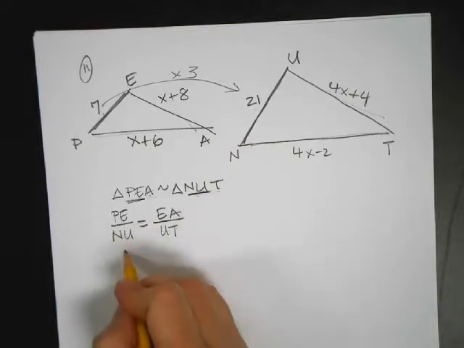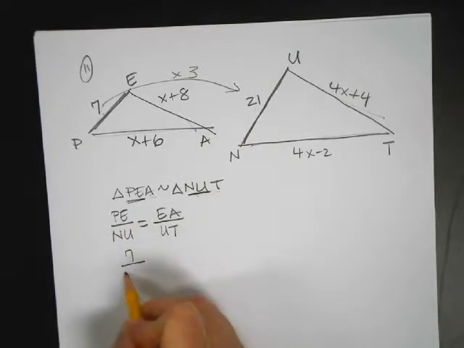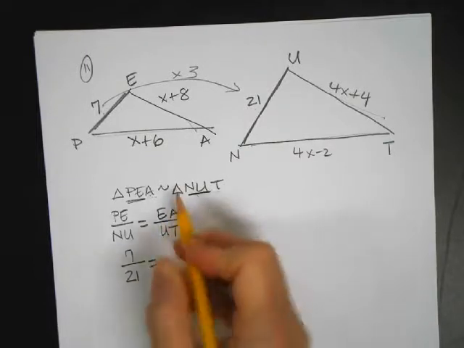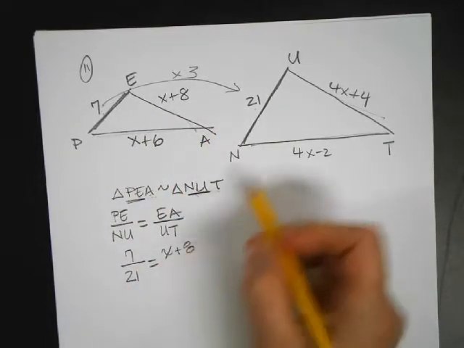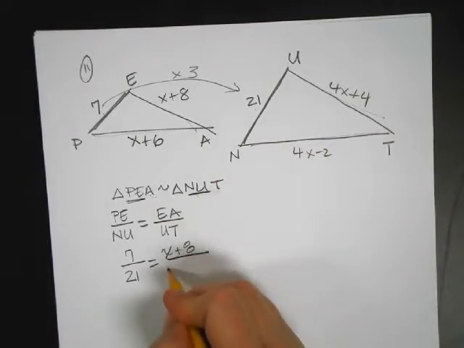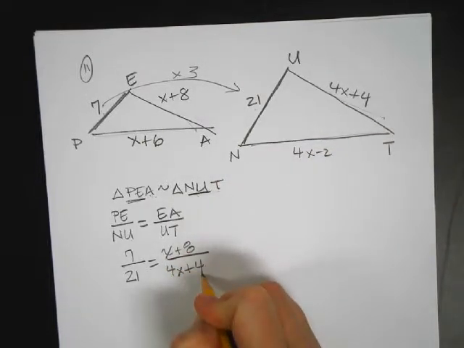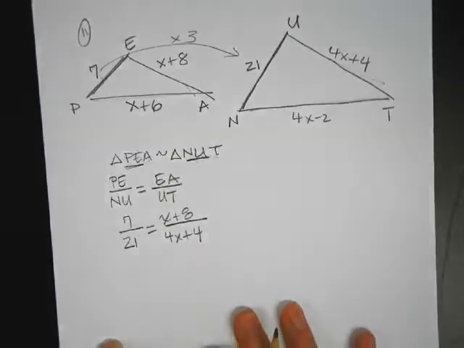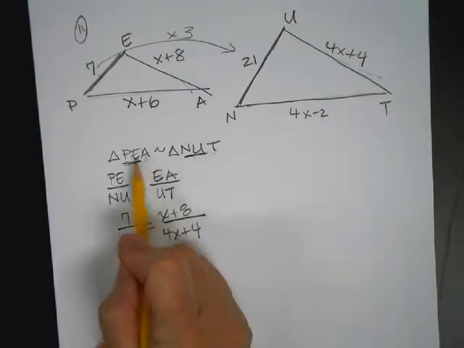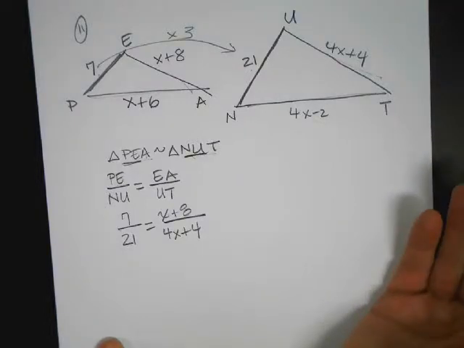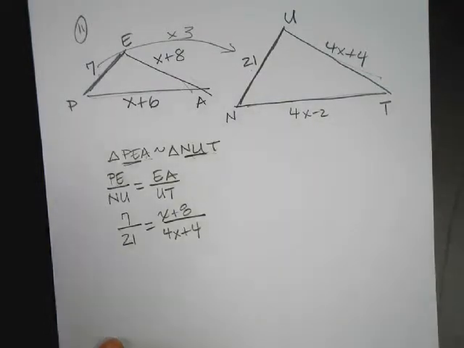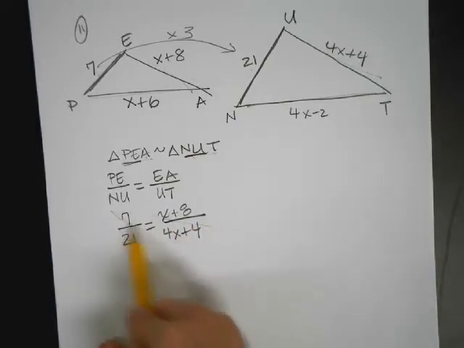PE is 7. NU is 21. EA is x plus 8. UT is 4x plus 4. Now, I'm not doing the other letters because, I mean, I could, but I don't need to. Once you have a proportion set up and there's one variable, then you should be okay. So I'm going to cross multiply.